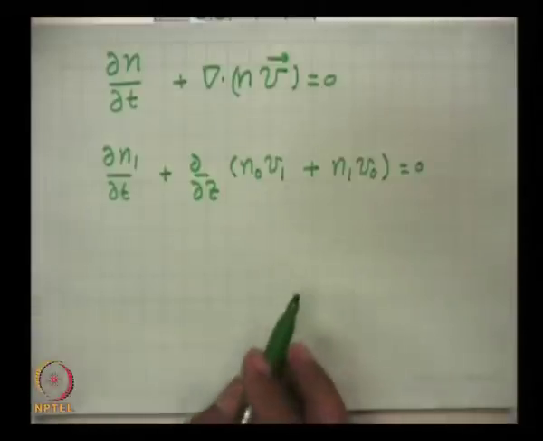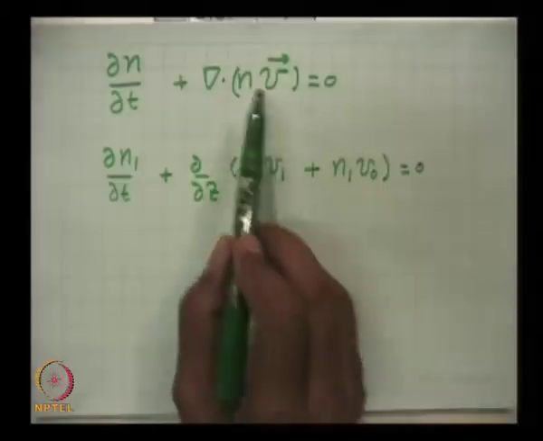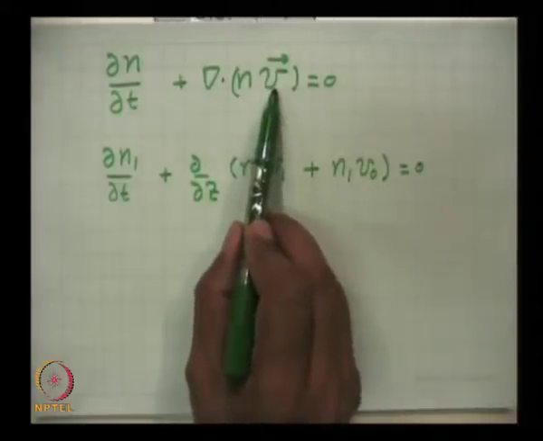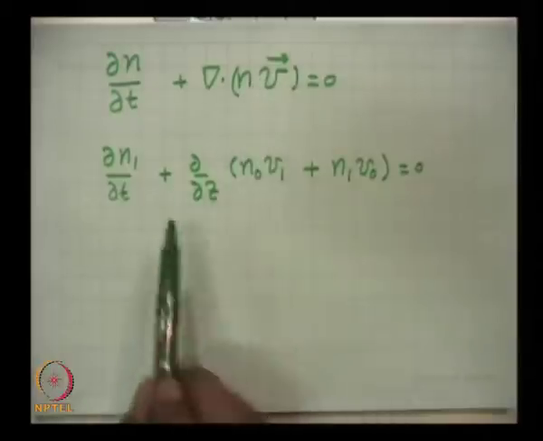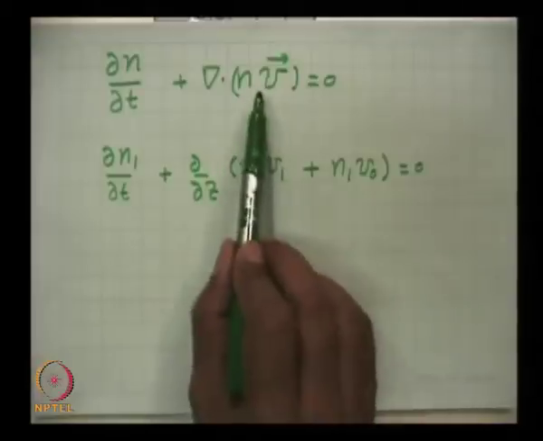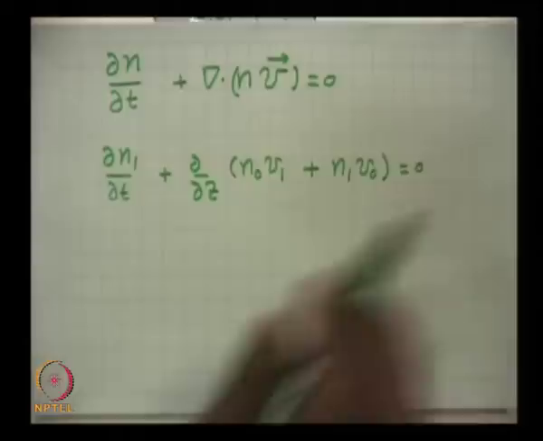Linearization here means I have ignored the product of n1 v1. I substituted n equal to n0 plus n1, v equal to v0 plus v1, and ignored the products of n1 v1, and the n0 v0 term does not contribute because it is uniform. When you operate by this del operator, that will vanish. So this is the equation.